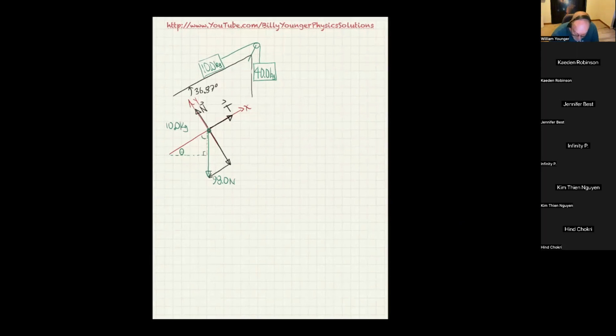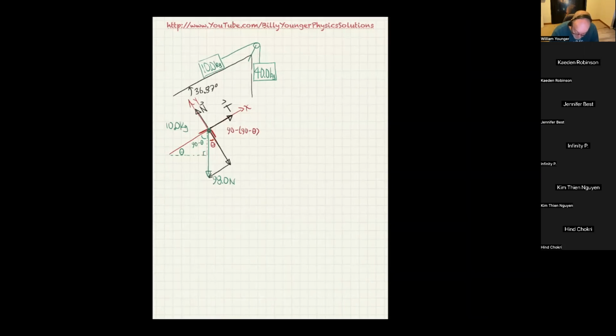So this angle would be 90 minus theta. But then this angle and this angle is also 90. So this little guy right here must be 90 minus 90 minus theta, which I think you can see is theta again.